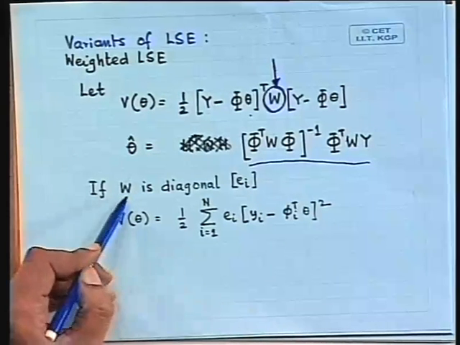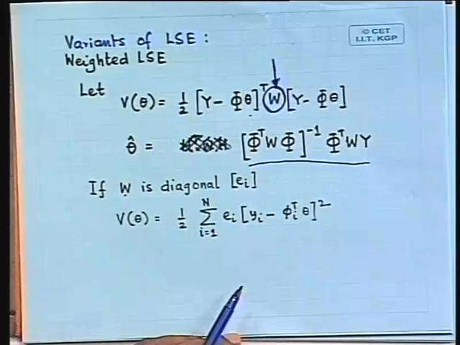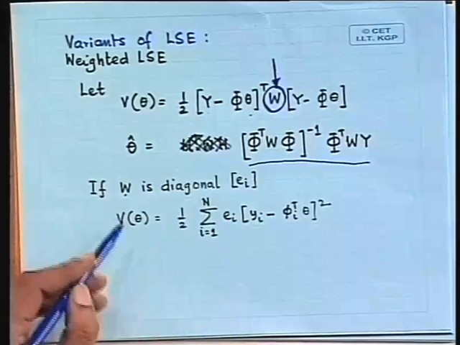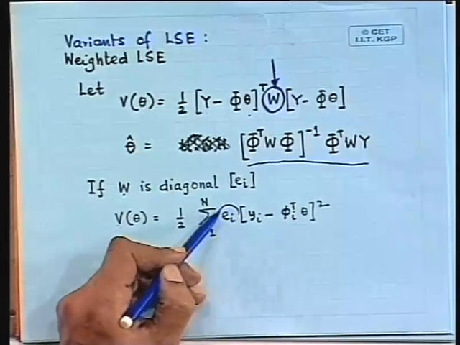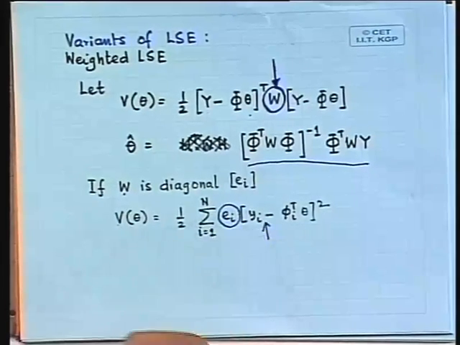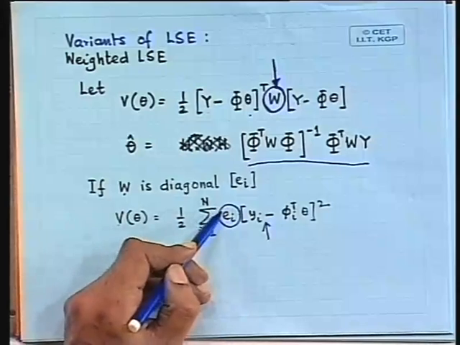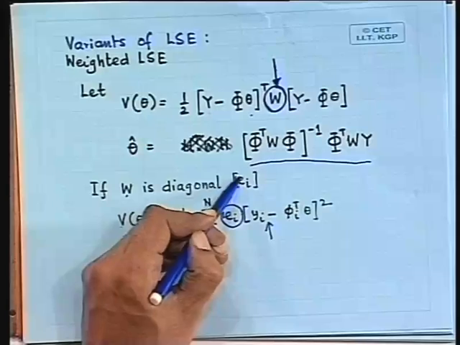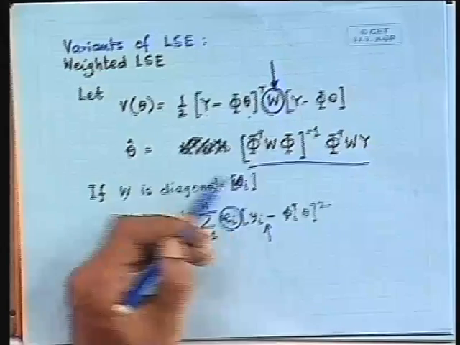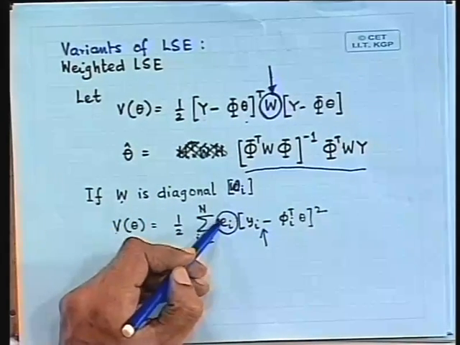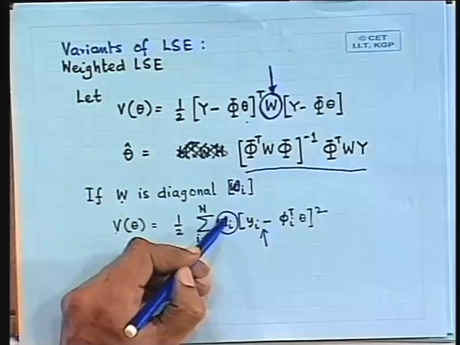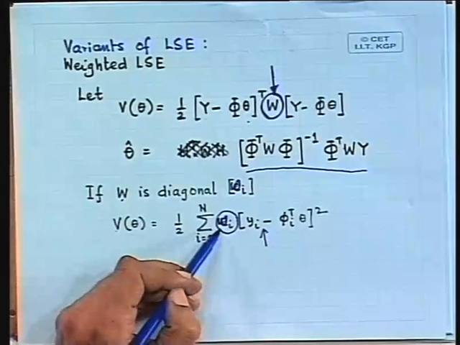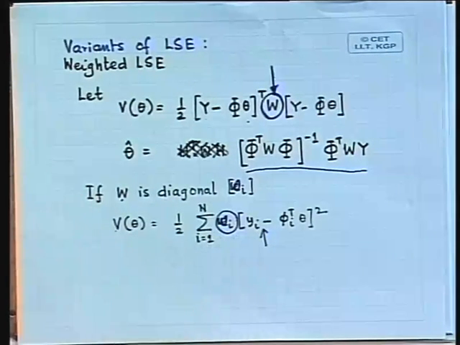And if w is assumed to be diagonal, then this V theta is nothing but, as I said, the errors at the various instants with weights. Actually, this e_i is a confusing notation. We should put w_i here, to say that these are the diagonal matrix elements. So then you have weighted the errors at the various instants.